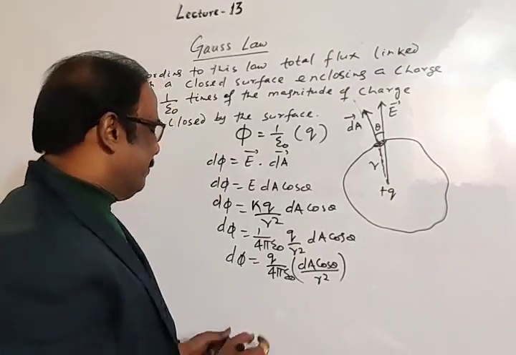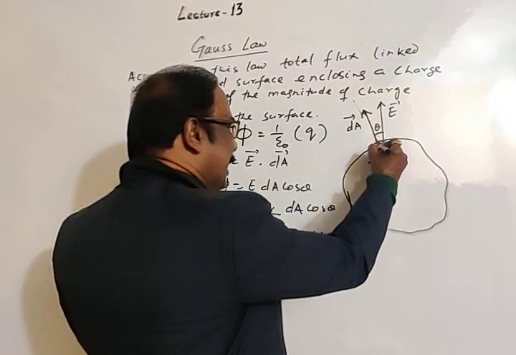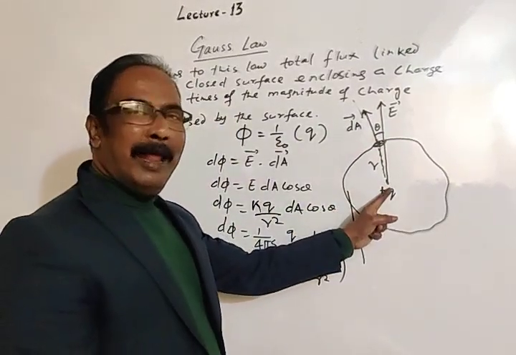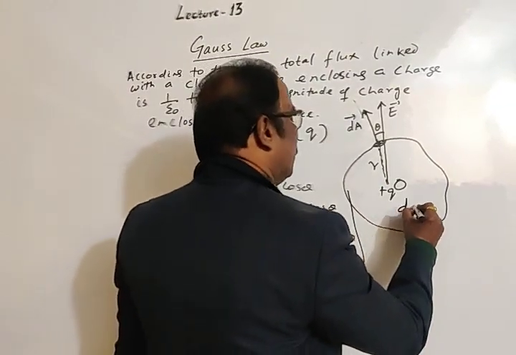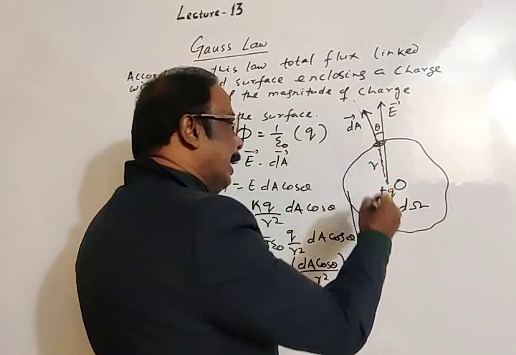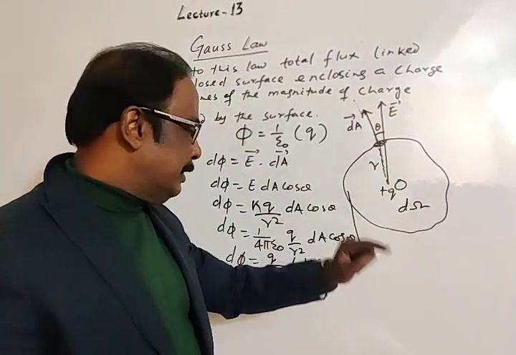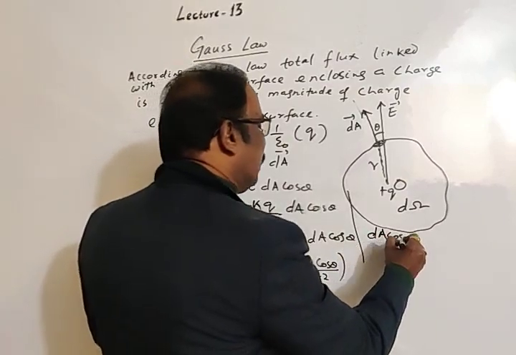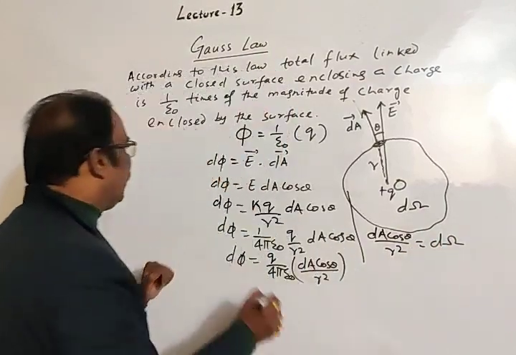Let this elemental area dA subtend an angle d omega about point O. Then as we know, dA cos theta divided by r square is equal to d omega.